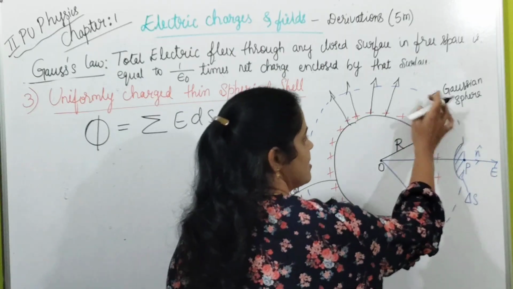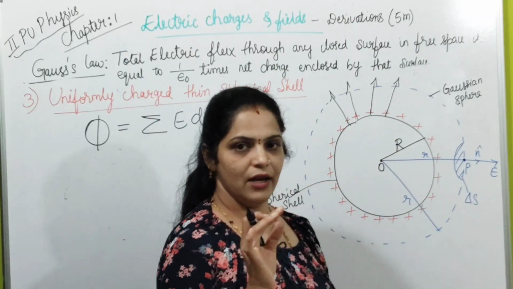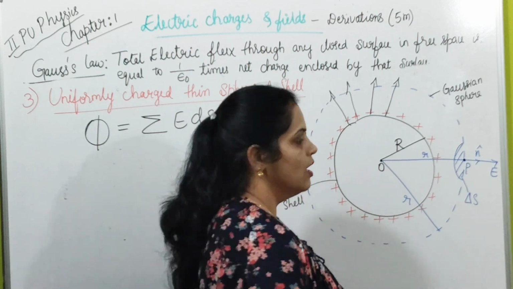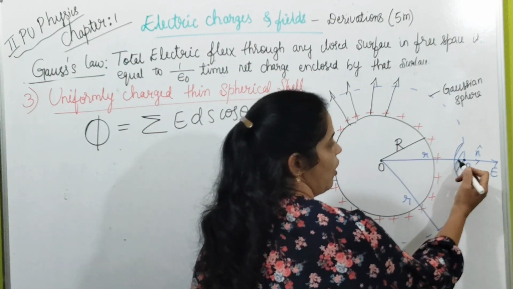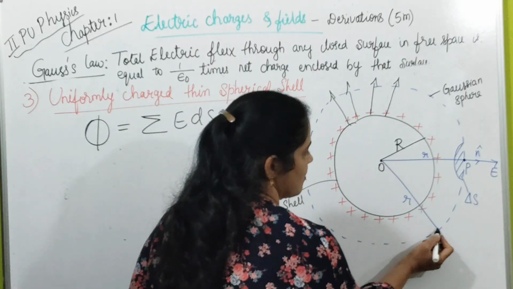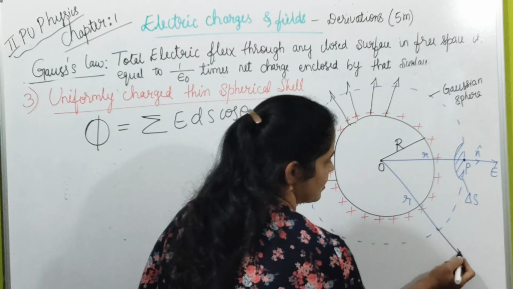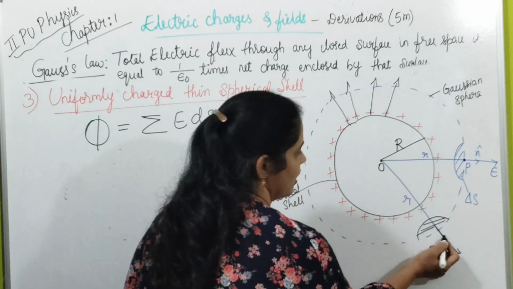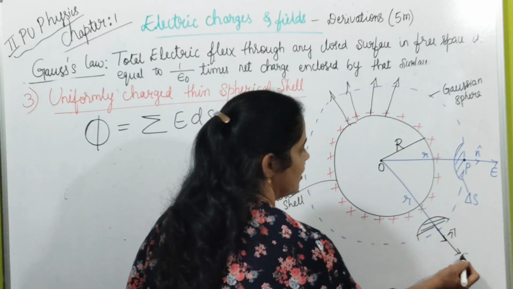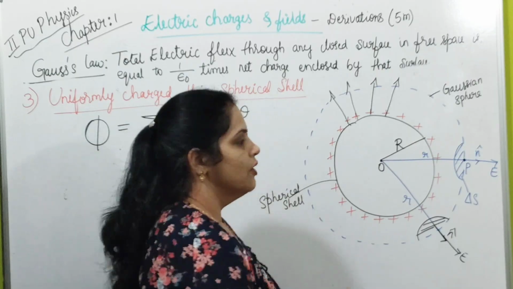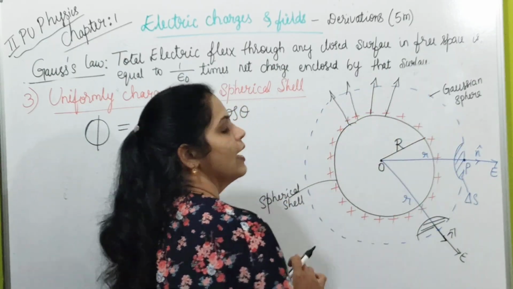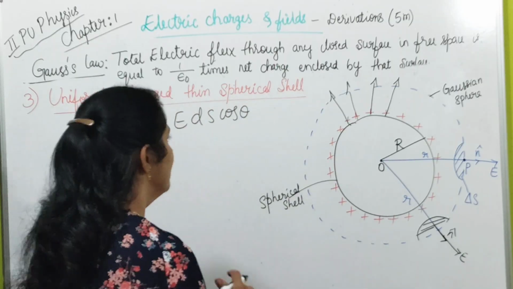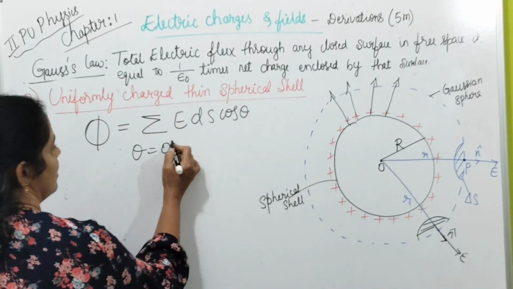So we need to divide this Gaussian surface into a large number of small segments, each of area ds or delta s. Now, if you draw outward normal to this area, for example, if I consider here, this is a direction of electric field, and if I consider an area and draw outward normal, electric field and outward normal both are along same direction. Wherever you consider that area, electric field and area act along same direction, so that theta is equal to 0 degree.